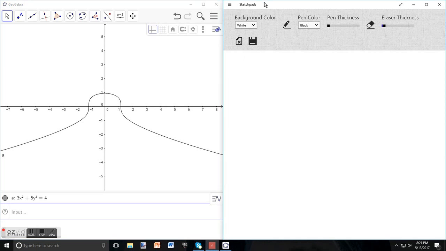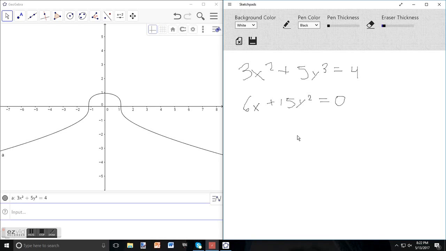So 3x squared plus 5y cubed equals 4. We derive this implicitly. So 6x plus 15y squared dy over dx equals, and then the derivative of a constant, 0.